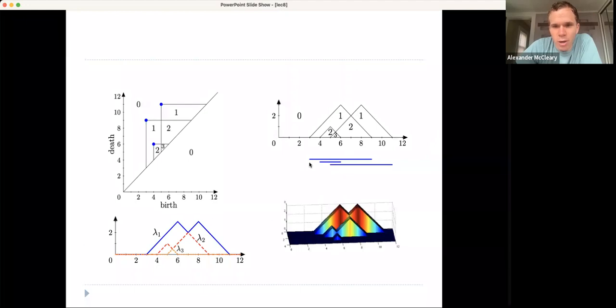Pictured below it is the barcode that's equivalent to the persistence diagram. In the bottom left corner, we see the persistence landscape. The function lambda_1 is the function we saw on the last page, same with lambda_2 and lambda_3. In this picture, there's no lambda_4 or 5 or 6. They're all 0. Well, they exist, they're just 0 here.